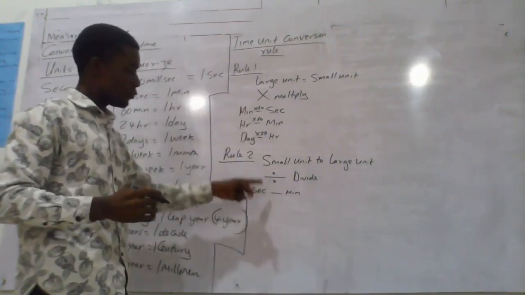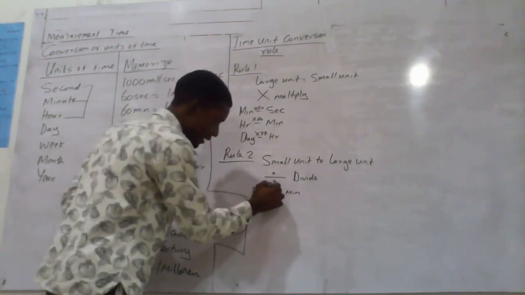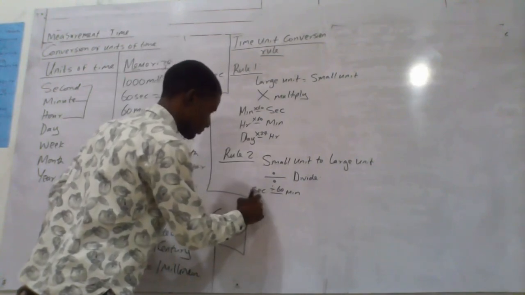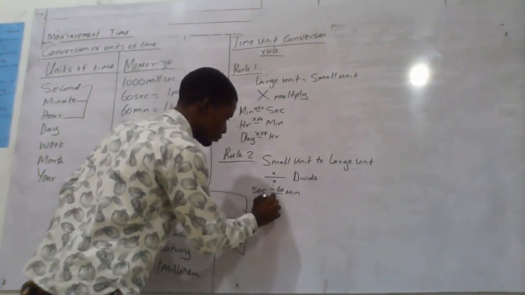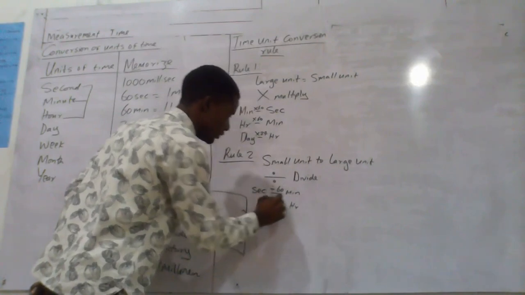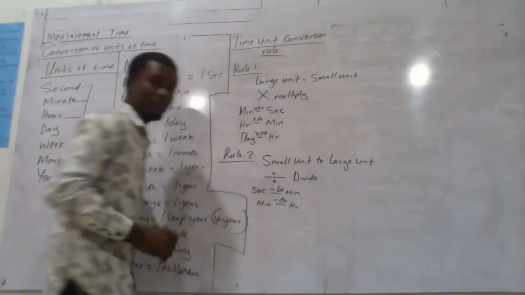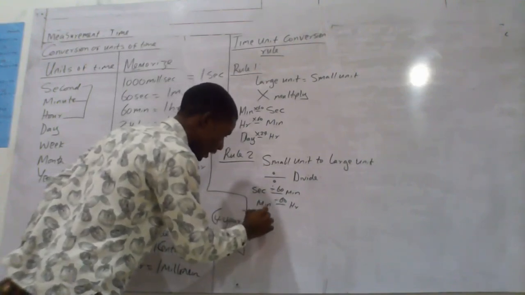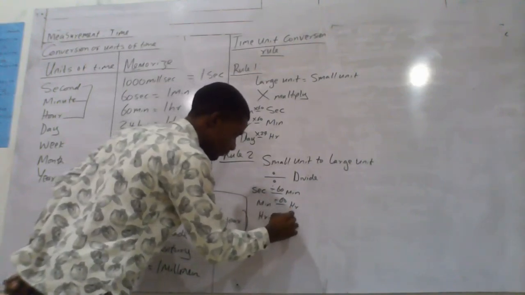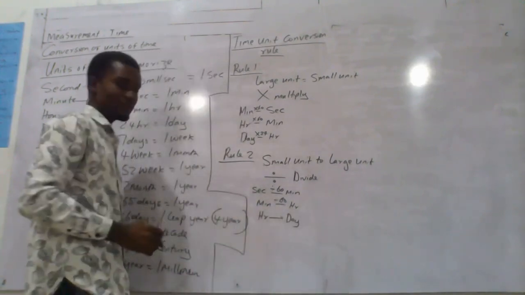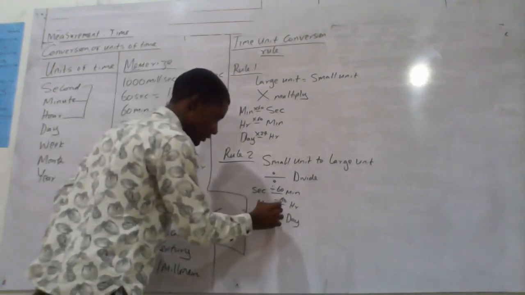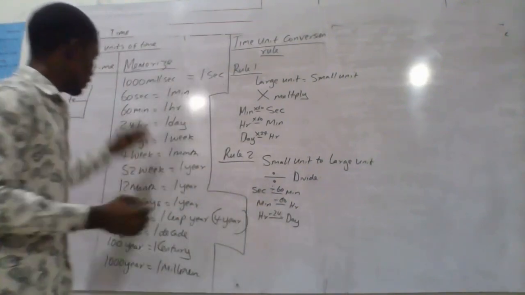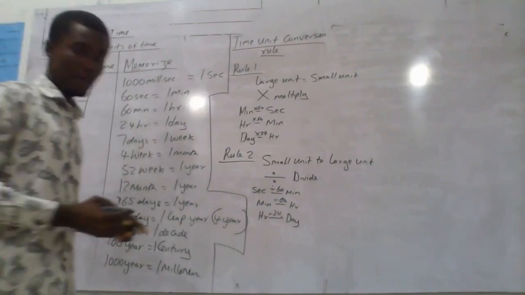This multiplication will change towards division. So you divide by 60. And when converting from minutes to hour, you divide by 60. When converting from hour to day, you divide by 24. And so on and so forth. You do the same thing for the remaining units of time.